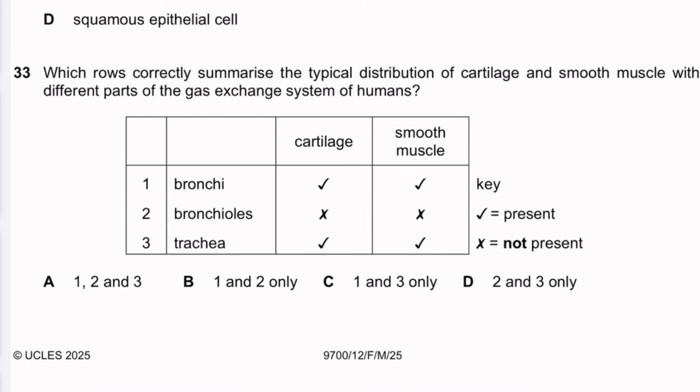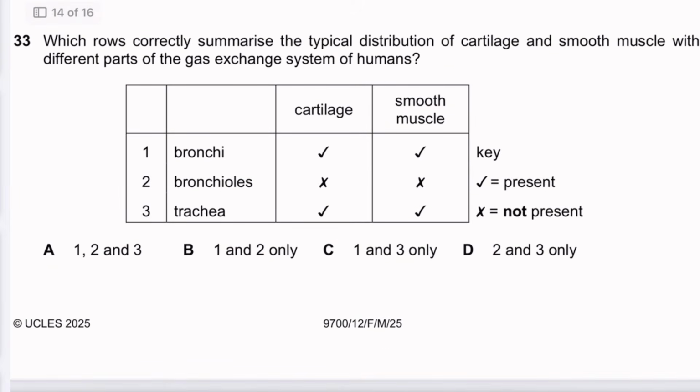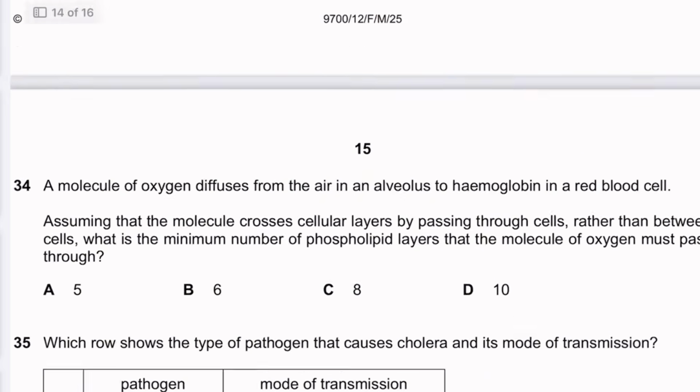Bronchi having cartilage and smooth muscle is true. Bronchioles having no cartilage and no smooth muscle, that's not true, because bronchioles have smooth muscle. Trachea having both is actually true for the most part. Yes, so it's 1 and 3. They want the true ones? Yes, the correct ones. Okay, so it's 1 and 3.